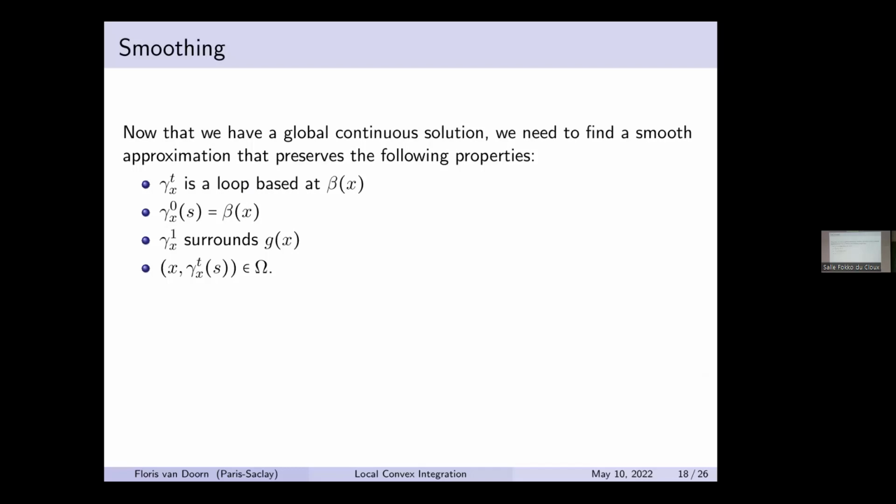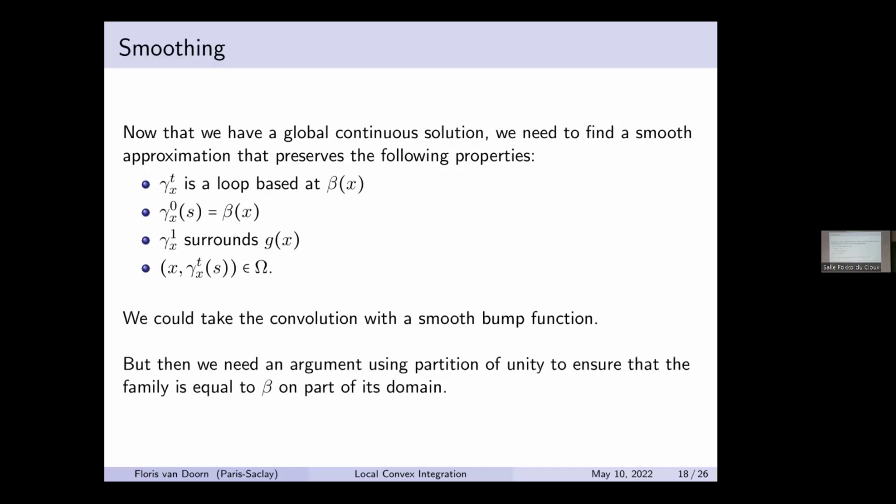So the smoothing takes a little bit of thought. We have a continuous family of loops. Now we want to find a smooth approximation to it that keeps all these nice properties we want. At first, we thought we could take a convolution with just some small bump function, and convolutions with a smooth function give a smooth function.